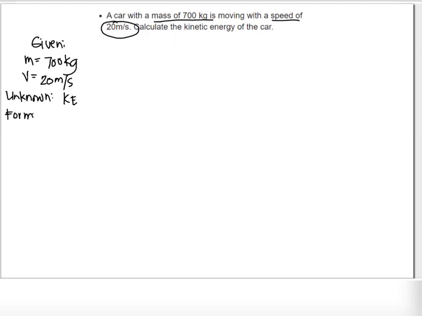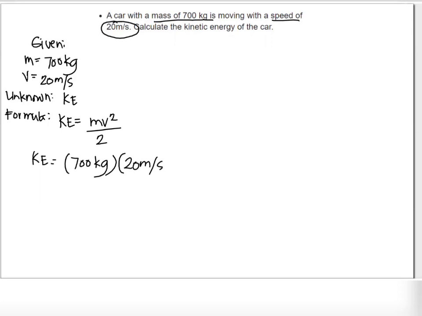So the formula, of course, madali lang. KE equals mv squared divided by 2. So substitution lang tayo. Mass is 700 kilograms times v squared. So yung value daw ng velocity na 20 meters per second ay i-square natin. So, ganyan siya pag sinulat, then divided by 2.